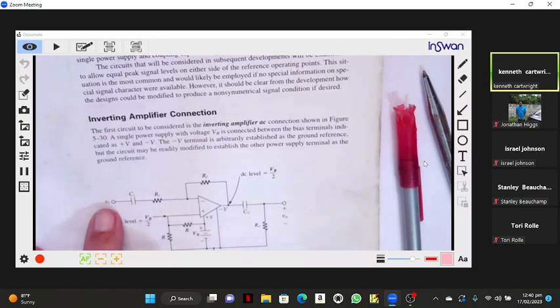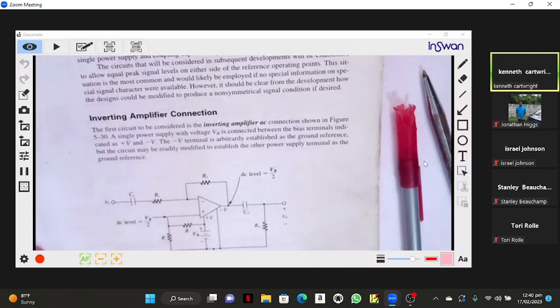Why? Because it's a signal. It may be a music signal, so it has many frequencies.